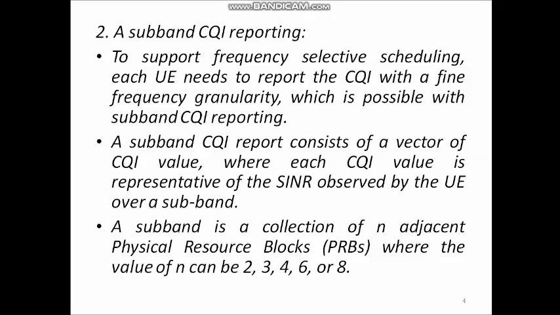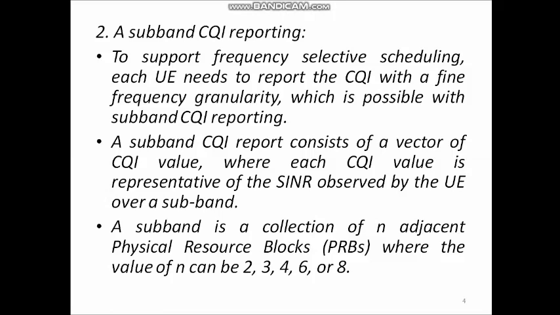So here a vector of CQI values is used, whereas in wideband CQI only a single 4-bit feedback is used. Therefore, in wideband CQI uplink bandwidth consumption is less, so it is more efficient in terms of bandwidth consumption. But in subband CQI reporting, since a vector of CQI values is used, it requires more uplink bandwidth.